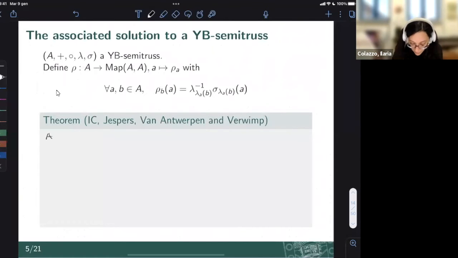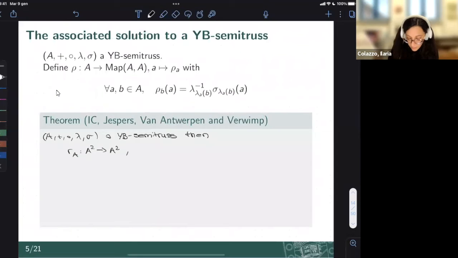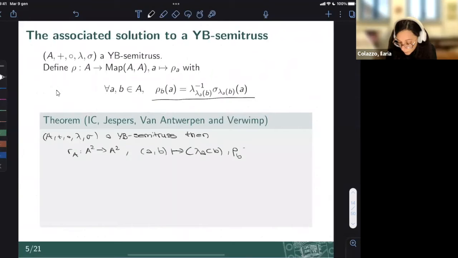So if we have a YB-semitruss A plus circle lambda sigma, then the map R from A squared to A squared, defined so that it associates to a pair A, B just lambda A of B and sigma lambda A of B of A, is a solution of the Yang-Baxter equation.